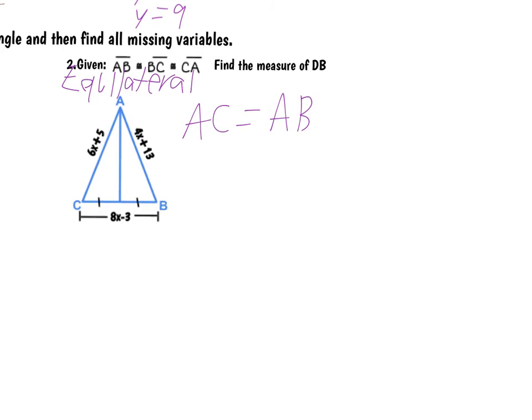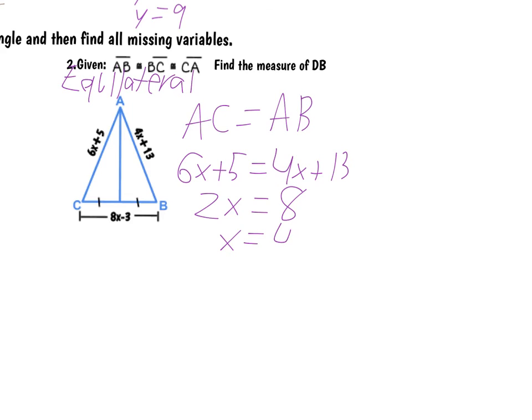So AC, 6x plus 5, is equal to 4x plus 13. Move those x's over, 2x. Move those other values over, is equal to 8. X equals 4.